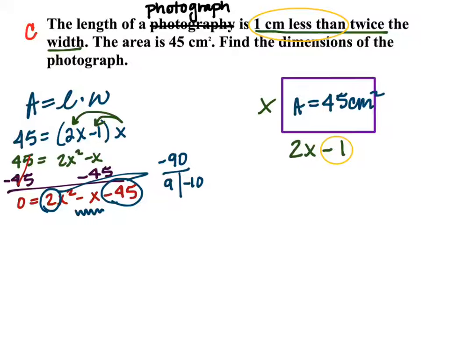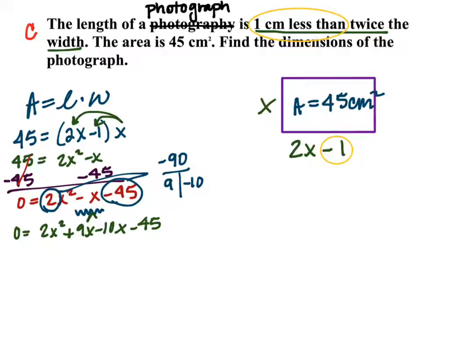Since I'm using reverse FOIL, I need to put these into a box, so I am going to separate this out. This gives me 0 is equal to 2x squared, and this is going to be plus 9x minus 10x minus 45.